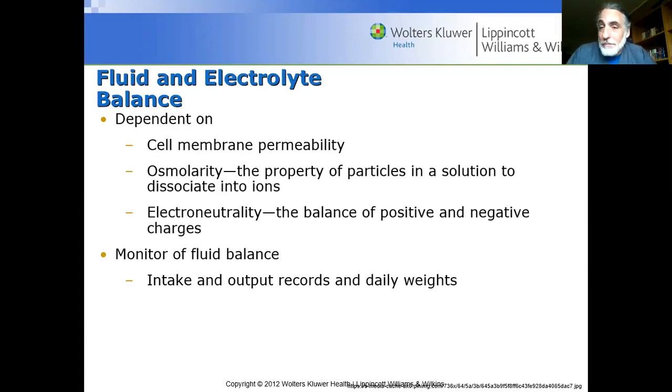So Bob's losing weight, right? And we look at the I's and O's and see that Bob's been putting out 1,500 mils a day in urine. Bob's only been taking in 500 mils worth of fluid in his diet. I wonder why Bob's losing weight. Or conversely, Bob's gaining weight.